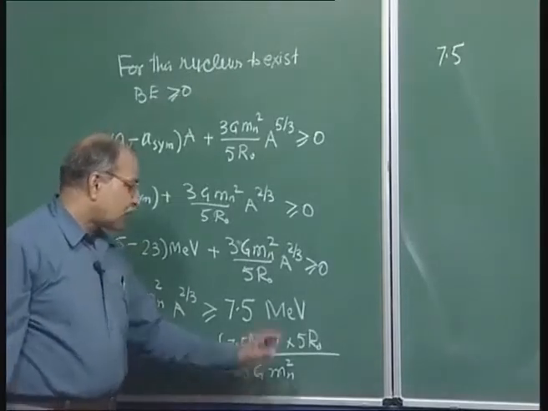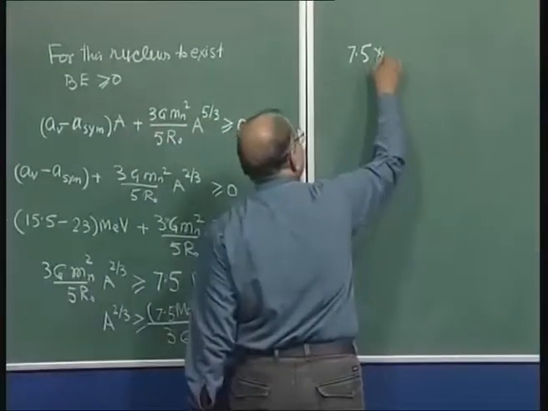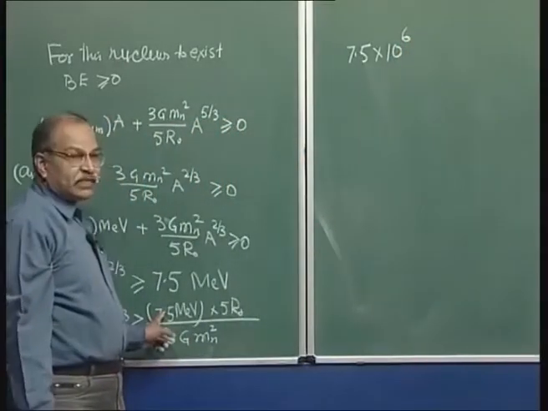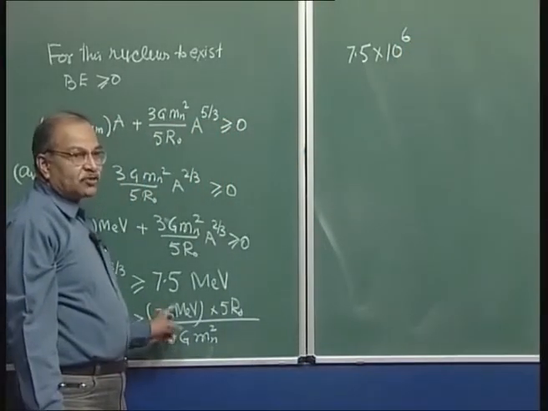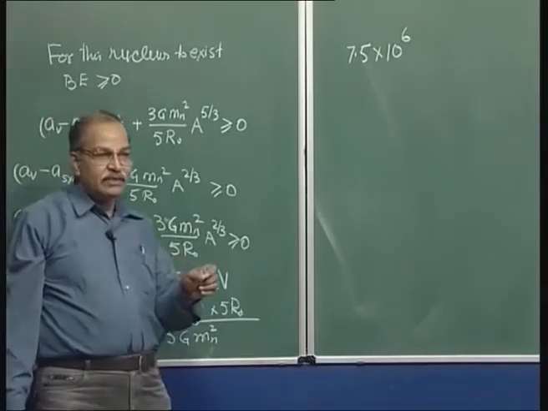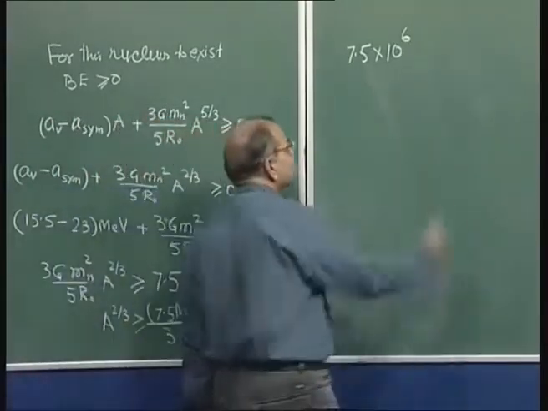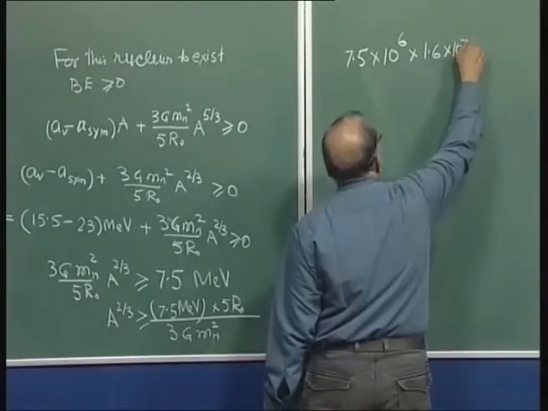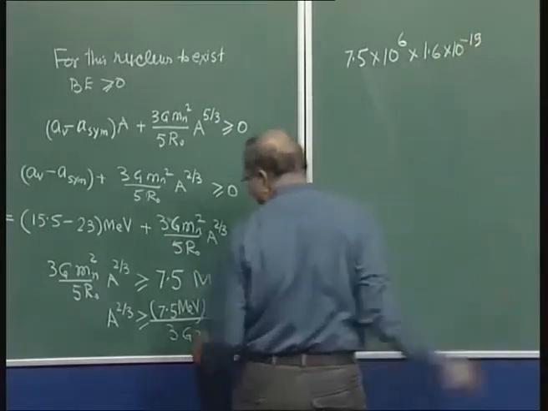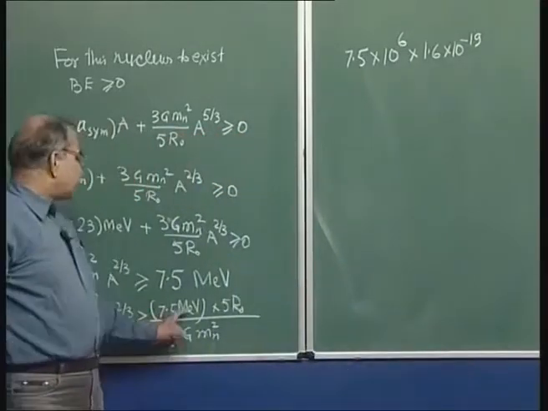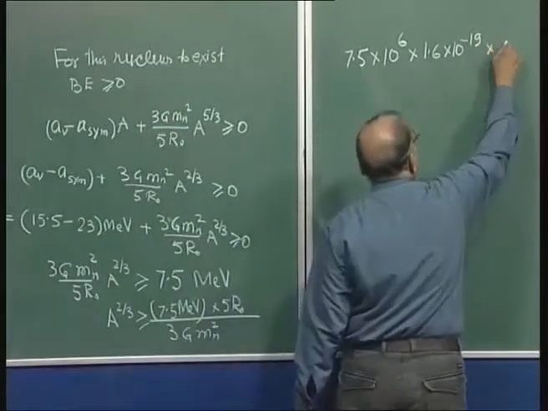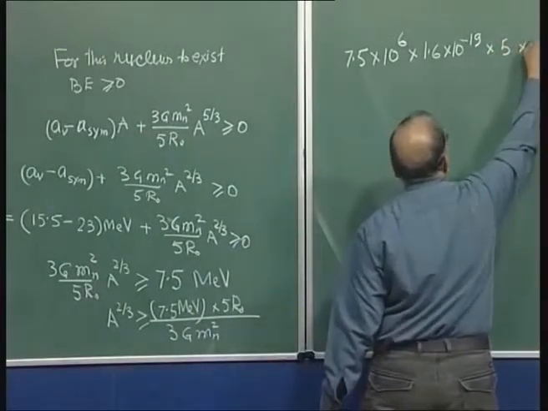So, mega electron volts, here mega is capital M, 10 to the power 6, and electron volt. 1 electron volt is how many joules? 1.6 times 10 to the power minus 19 joules. So, I am writing everything in SI units. So, 7.5 MeV I have written, into 5 times capital R naught. How much is capital R naught?